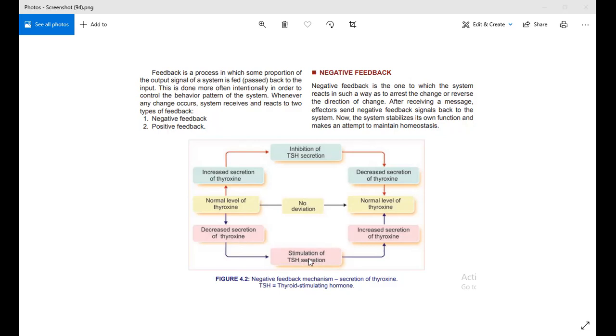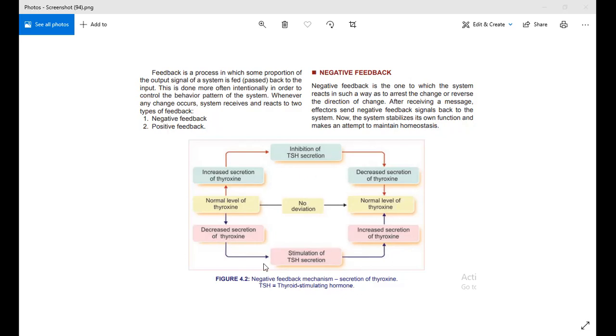So what will happen once there is stimulation? There will be an increased secretion of thyroxine. So what happened now? This increase is the opposite of this decrease. So this decrease initiated a process, a homeostatic process, which led to TSH secretion. But this TSH secretion has a negative effect on this initial signal, thereby producing an increase in thyroxine. So this is what we call a negative feedback.